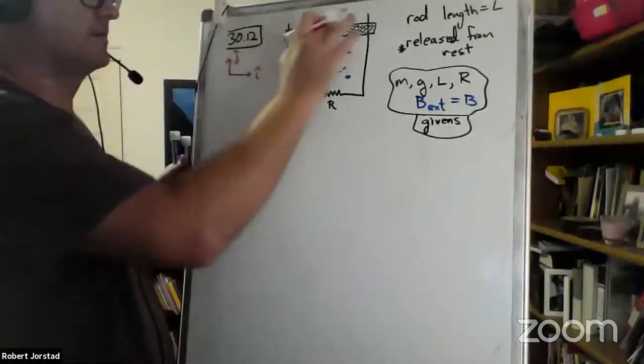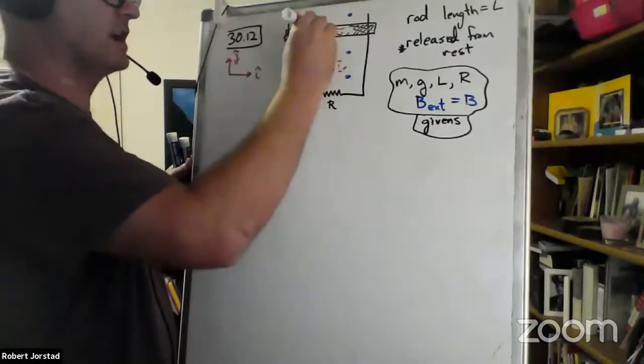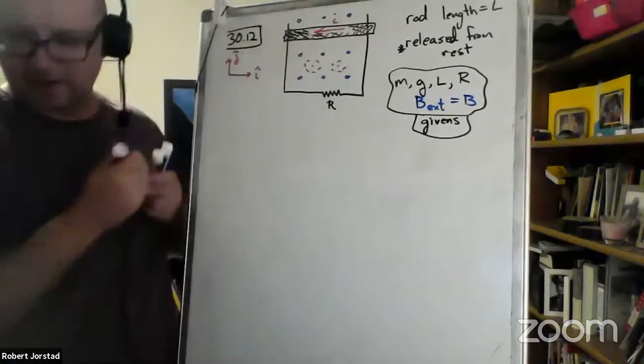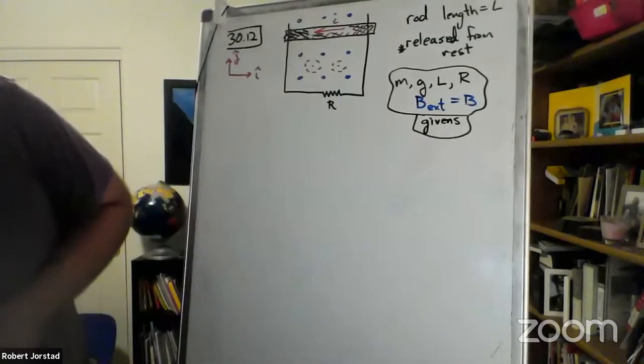As it falls down, there are less dots, so a couple more dots are generated to maintain balance. And if a dot shows up, that means a current flowed counterclockwise. Correct. Good reasoning. Nice job. So now we know which way current flows.